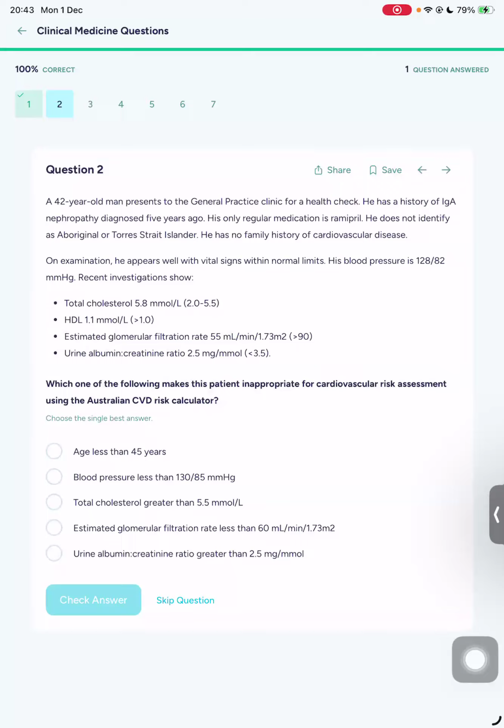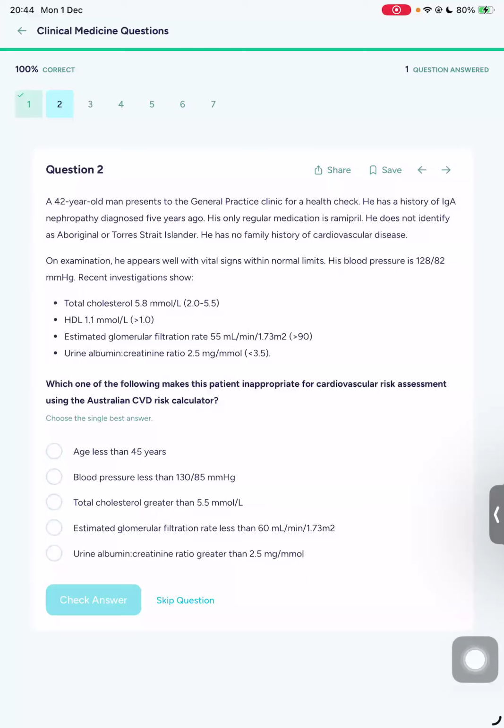His only regular medication is Ramipril. He does not identify as Aboriginal or Torres Strait Islander. He has no family history of cardiovascular disease. On examination, he appears well with vital signs within normal limits. His blood pressure is 128 by 82.